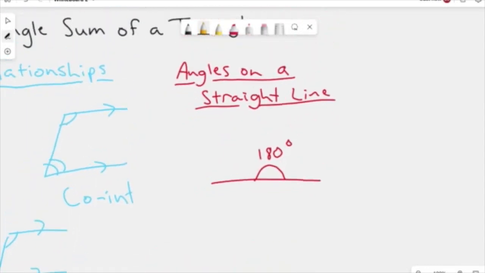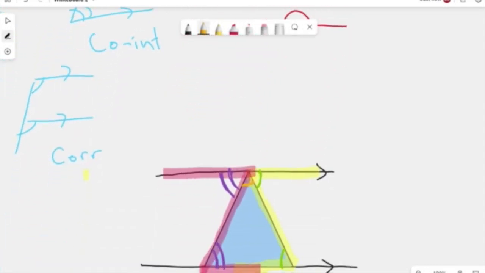The angles on a straight line are 180, and here we have a straight line with 1, 2, 3 angles on it. So all of these, our purple, orange, and green, should add up to 180 degrees.